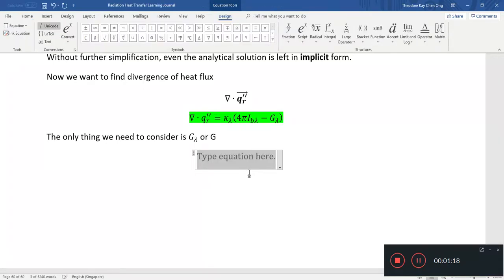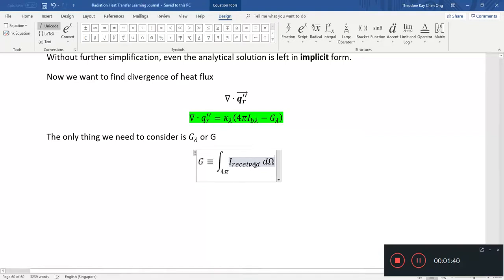And G, as we've found out before, is equivalent to integrating over 4 pi I received. Okay, this is just the physical meaning of it.